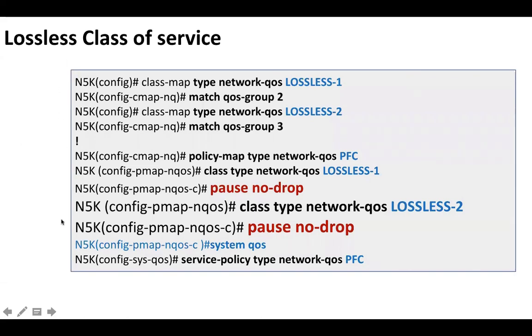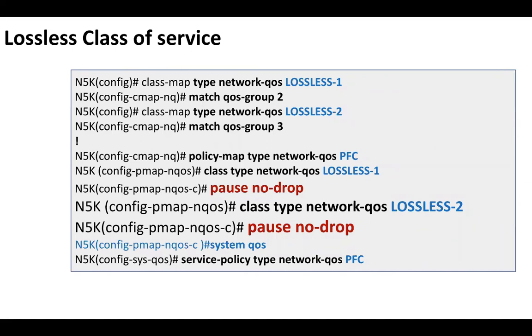In this example, I have configured the pause no-drop command under two classes. The pause no-drop command will enable lossless functionality for these two classes, which means for QoS group 2 and 3. It means the device will send a pause frame to the upstream device to manage congestion.